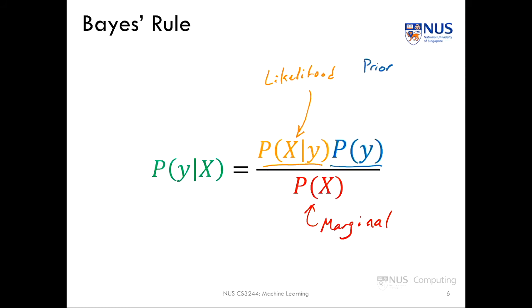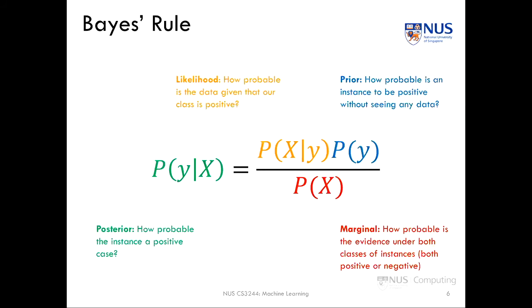Putting these three terms together, we can update our belief in the actual outcome itself. That is our y, given the data that we've actually observed. We're going to call this the posterior. Just to make it a little bit more clear, we've put all of the variables here on the slide so that you can see what we're talking about.